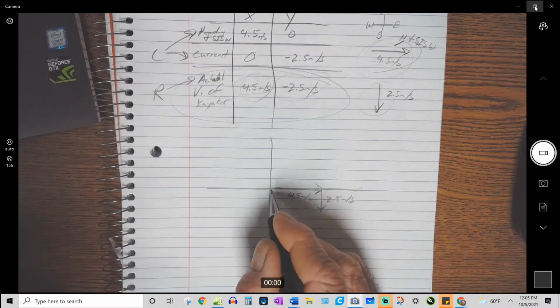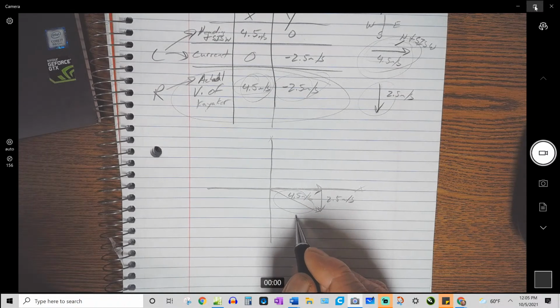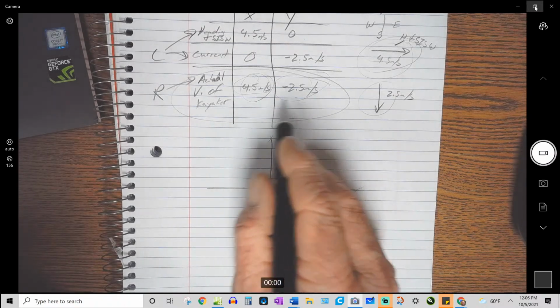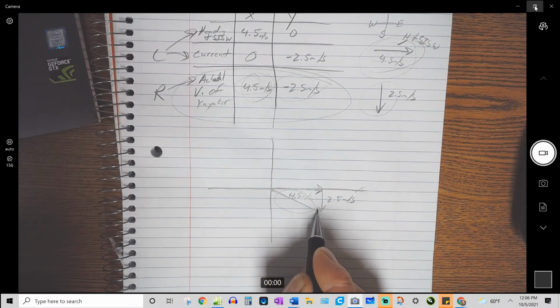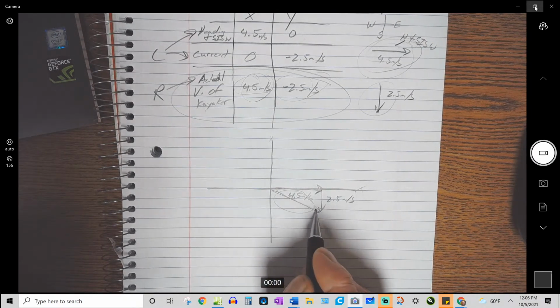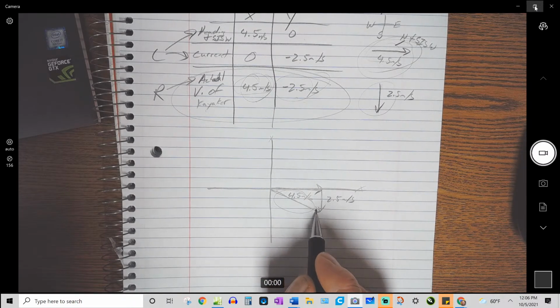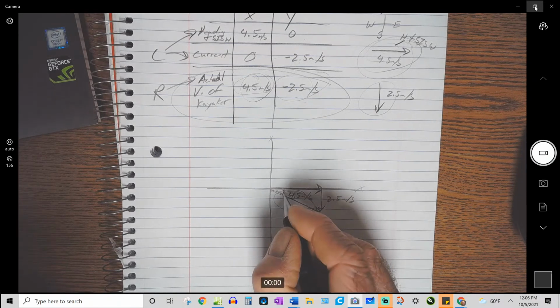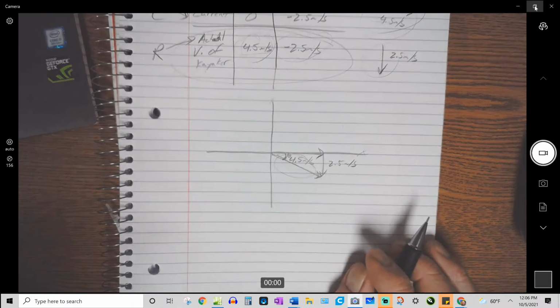And then that means the resultant, the vector that we get if we add these two components together, the actual velocity or the speed of the kayaker is this long. If this is 4.5 and this is 2.5, this would be the length of the speed, and then this direction right here, which I'll use this angle theta to describe, I can find out.